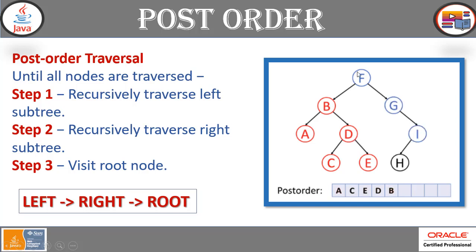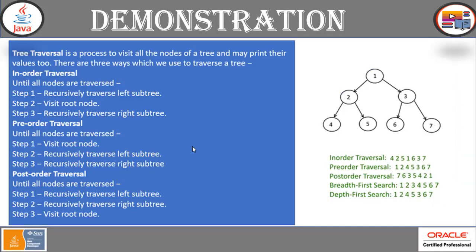And further it will go to the root and then check for the right, and it will check for the left node, root, and then G and F. So this is the post-order binary tree traversal.